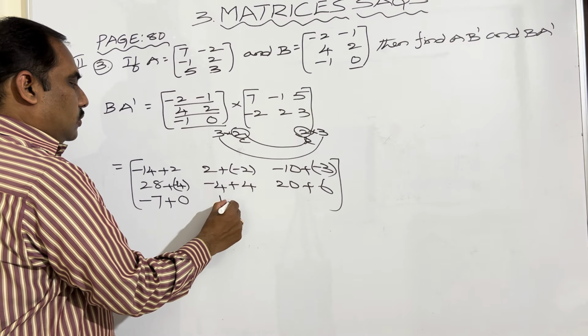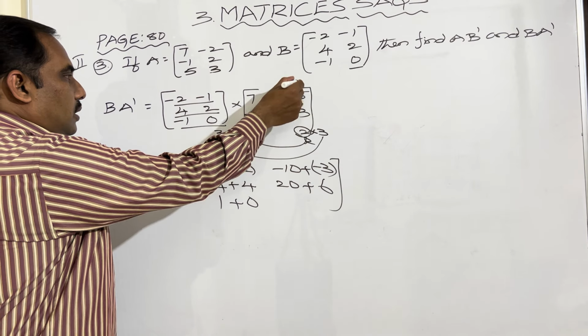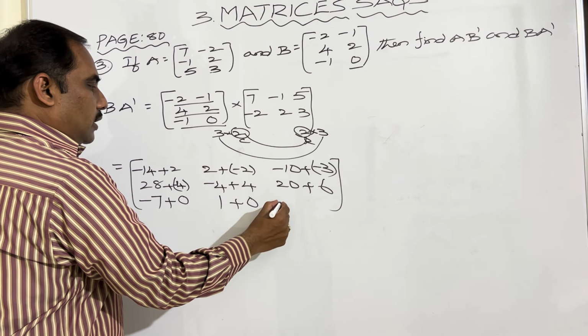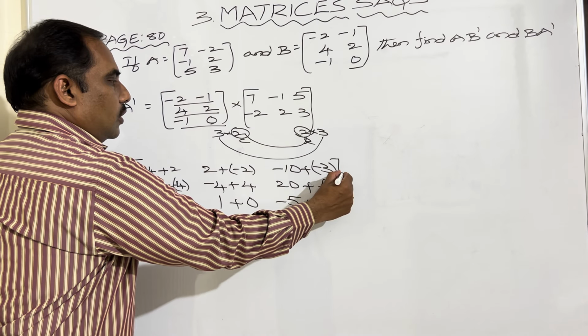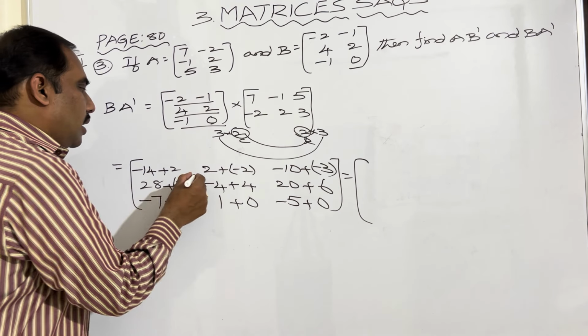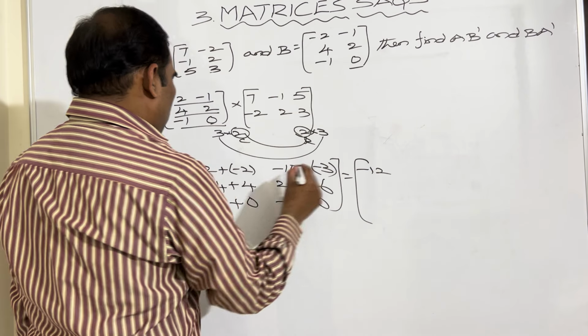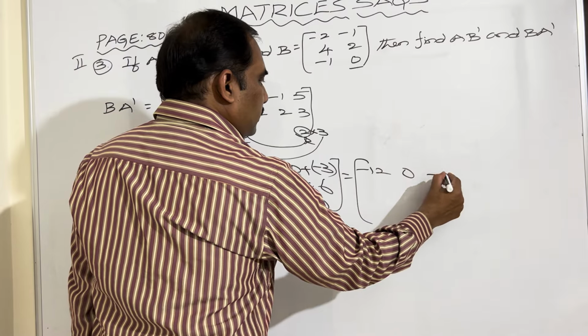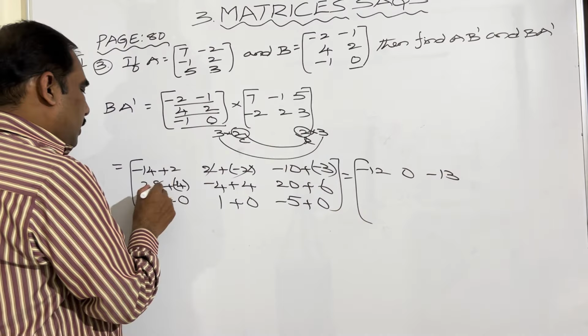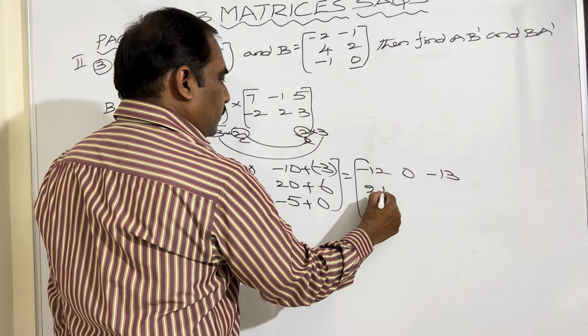And 0 into 2, that is 0. So here third row, third column multiplying, minus 1 into 5, that is minus 5, plus 0 into 3, that is 0. Finally we get here minus 12. And here plus 2 minus 2 gets cancelled, 0. And minus 10 minus 3, that is minus 13. And 28 minus 4, that is 24.